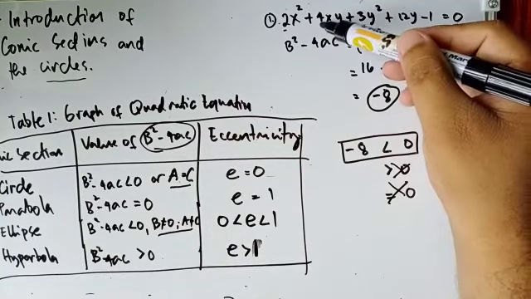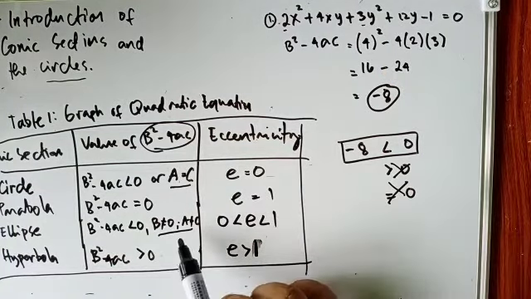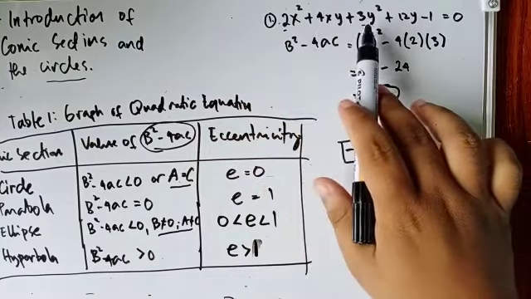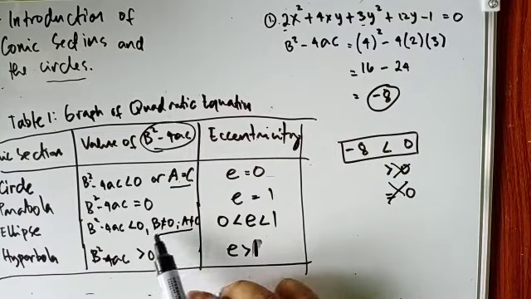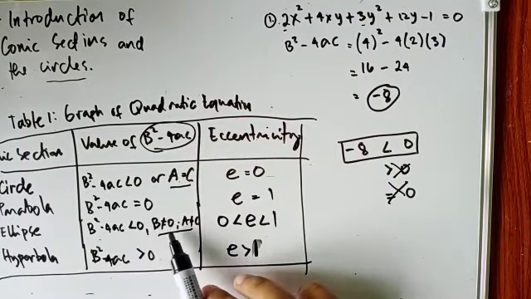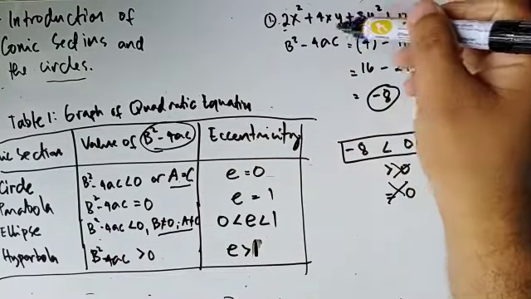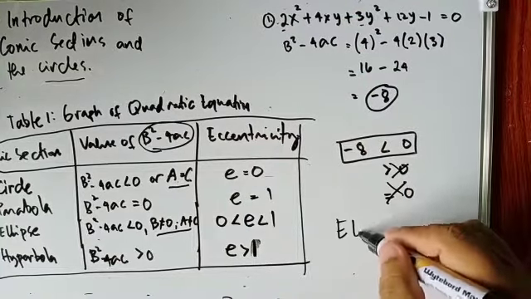Ano yung value ng B natin dito? 4. Yes, that's correct. 4 is not equal to 0. Next, A is not equal to C. Ano yung A natin? 2. Ano yung C? 3. So 2 is not equal to 3. Very good. So na-meet niya yung tatlong conditions na 'to. So this one must be less than 0, B must not be equal to 0, and A must not be equal to C. So therefore, itong equation na 'to, isa siyang ellipse.